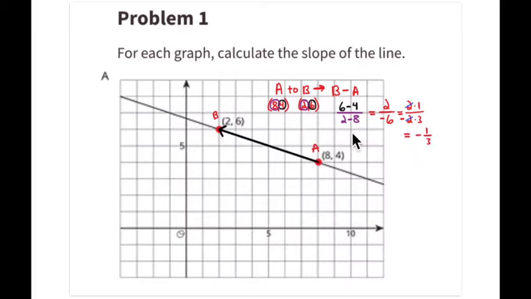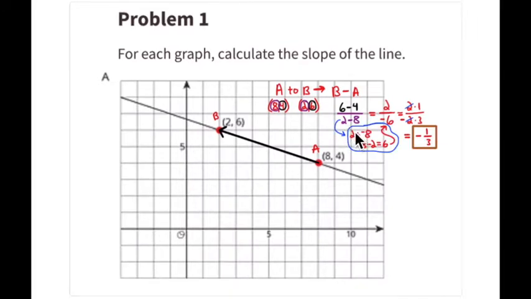And a little reminder of how to make this calculation right here, because this is a larger positive value that you're subtracting from a smaller positive value. So you can view that as subtracting a positive 8. So then you can change that subtraction to addition. So it's the inverse operation of subtraction, which is addition.